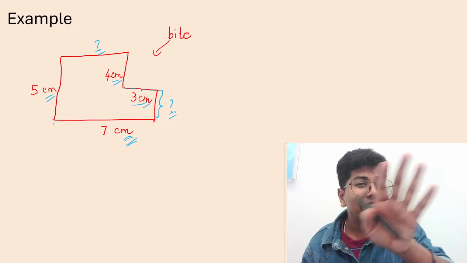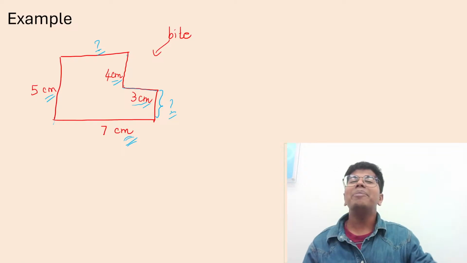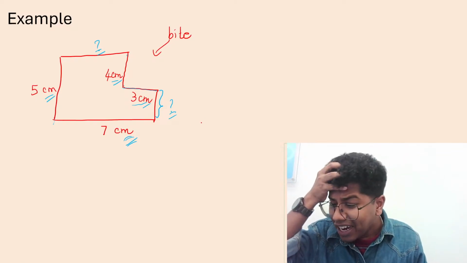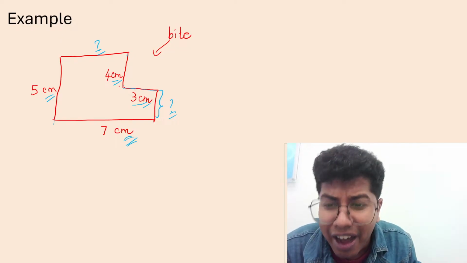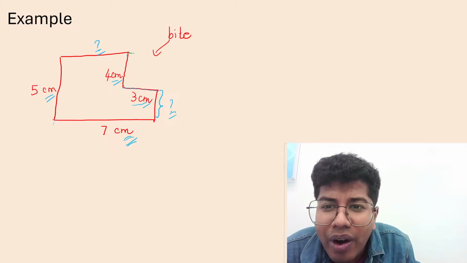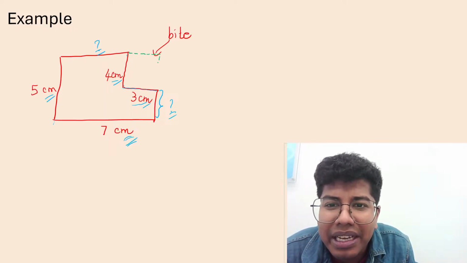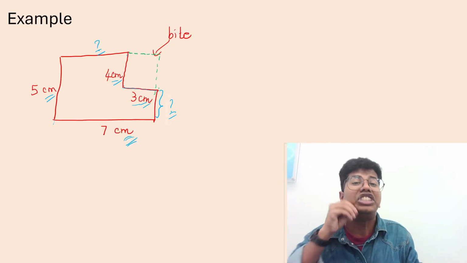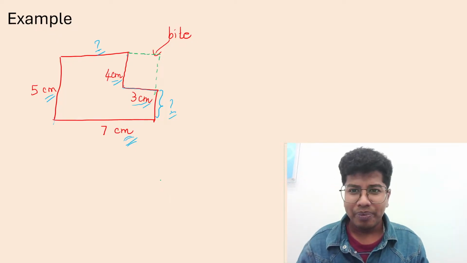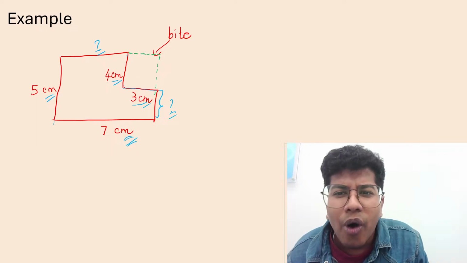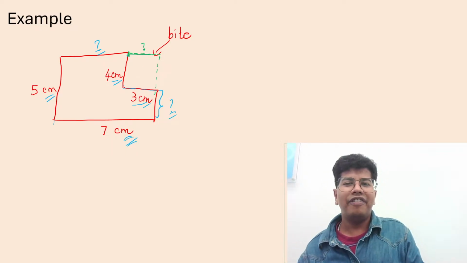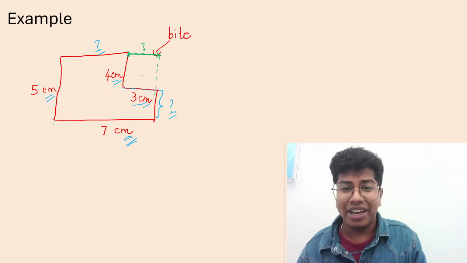But let's say if you didn't take the bite, which shape would it have been? It would have been a rectangle here. So if this was a complete shape, we could have got a rectangle. Now, if I want to find out the value of this part, this length that we have filled, what is the length here?